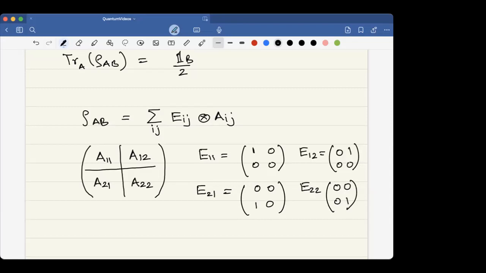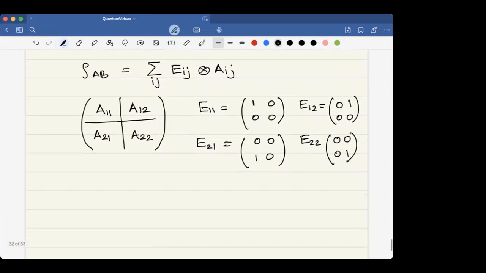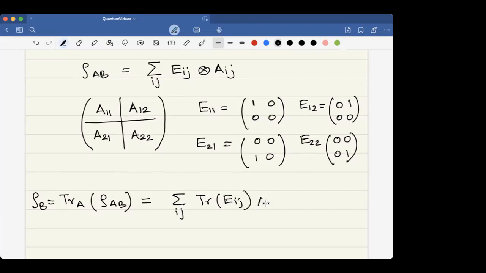Now if I do a partial trace operation, suppose I do a partial trace over subsystem A, I'll get a state in subsystem B of this rho AB. By the definition, it is equal to the summation over ij of the trace of Eij multiplied by Aij.